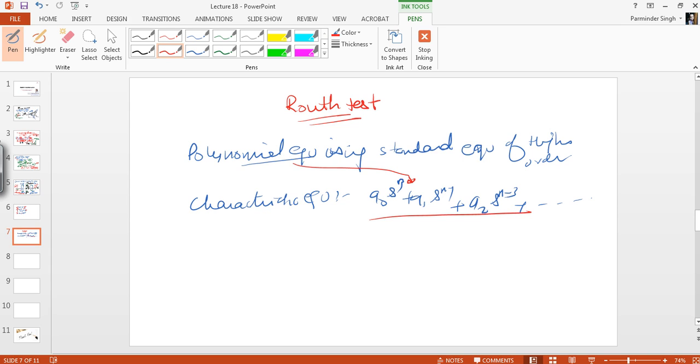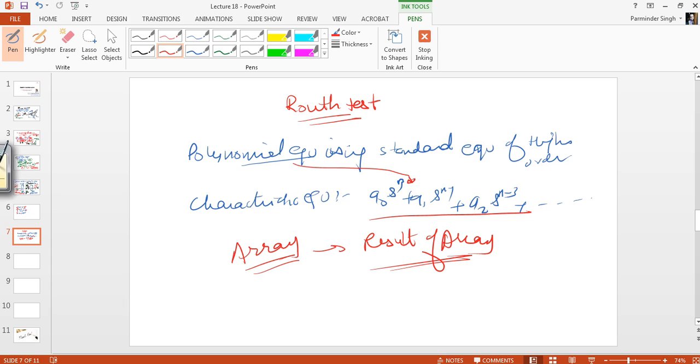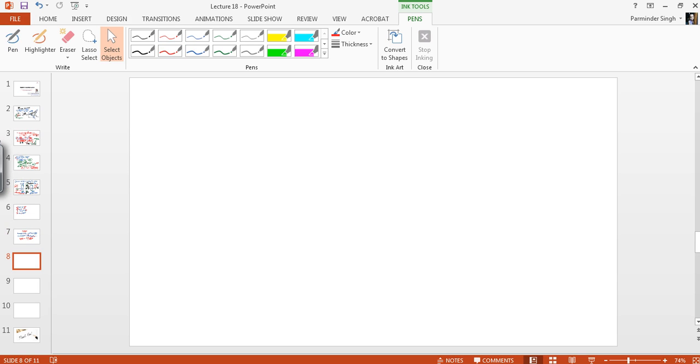Once this is done, we're gonna prepare an array, and based upon the results of the array, we can finally say whether the given system is stable or unstable. Now for the table, let me take an example.